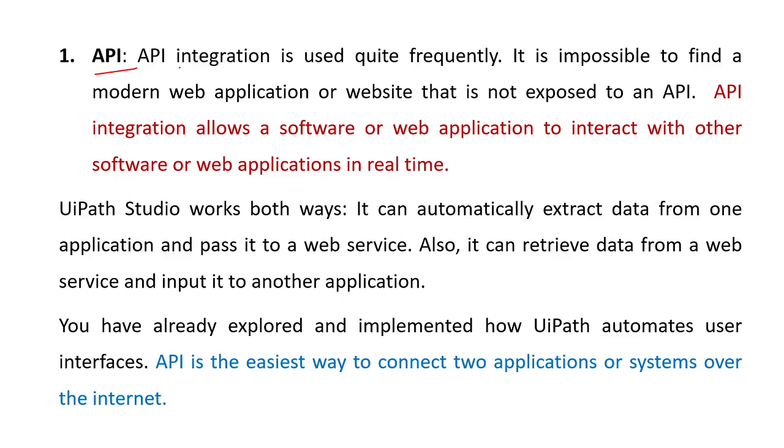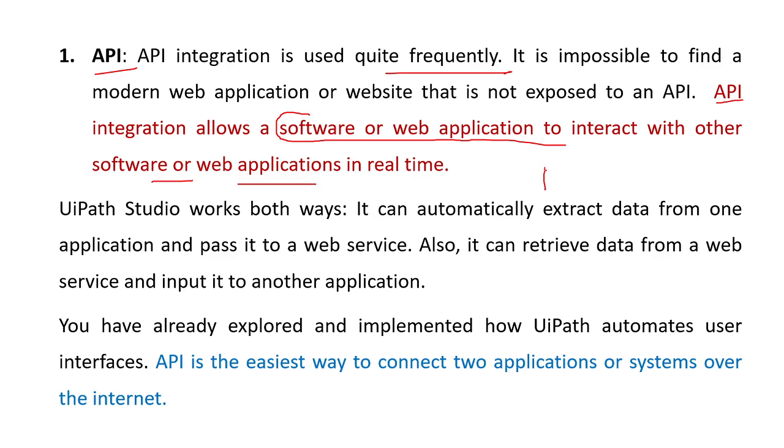So application programming interface is quite frequently used, it seems, while developing web applications. And remember, the main use of API is that it allows a software or a program or web application to interact with other software or web applications, it seems. It is very simple.